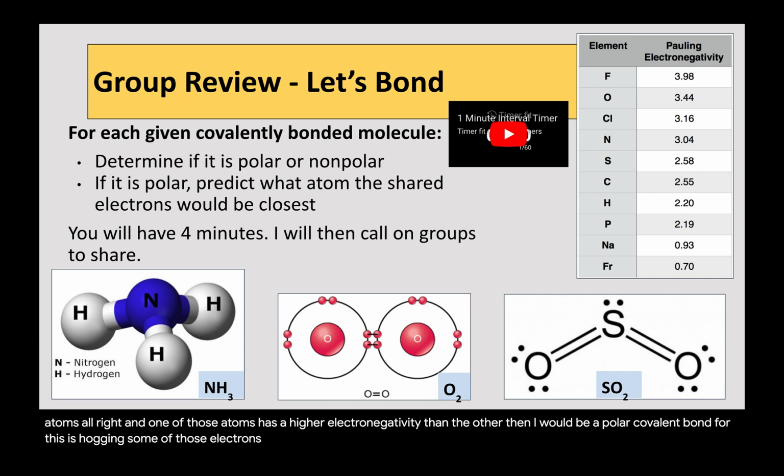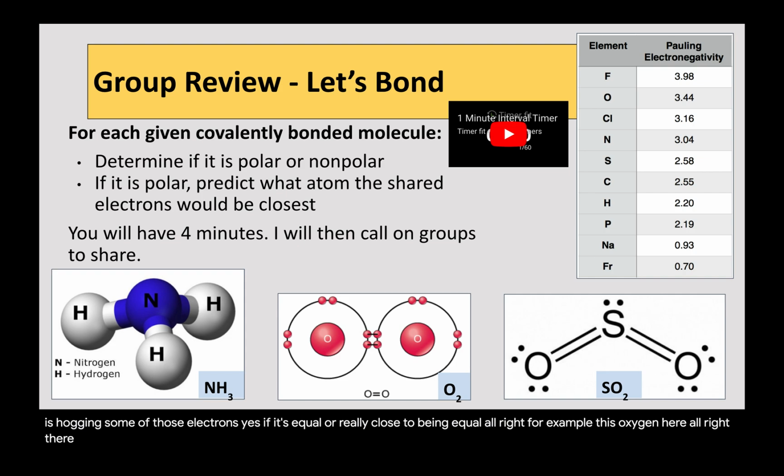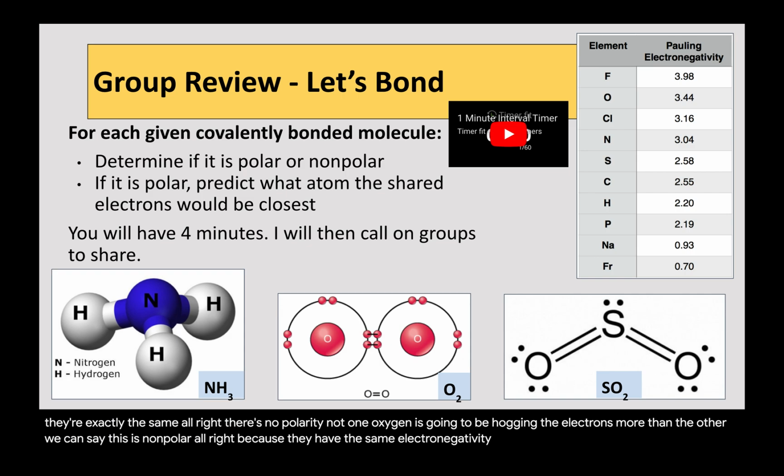If it's equal, or really close to being equal, for example this oxygen here, they're exactly the same. There's no polarity, not one oxygen is going to be hogging the electrons more than the other. We can say this is nonpolar because they have the same electronegativities.